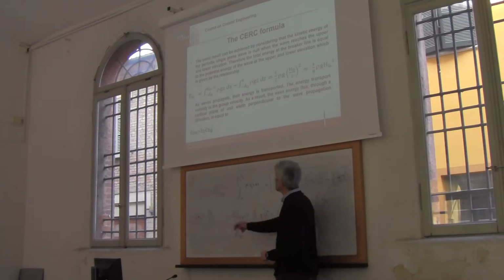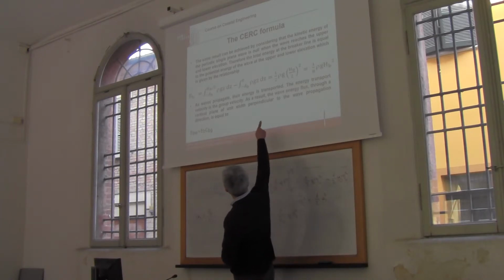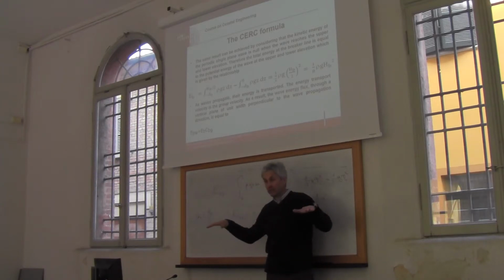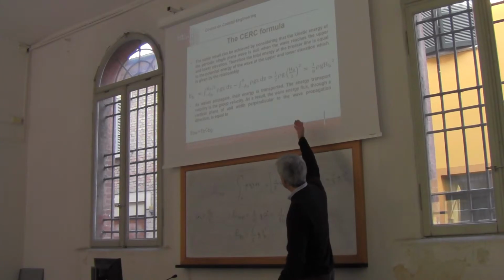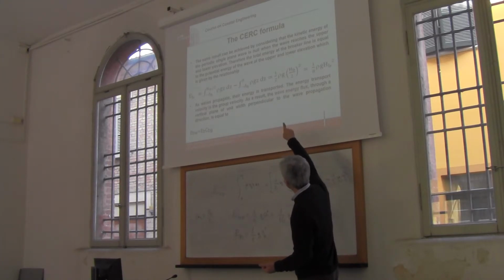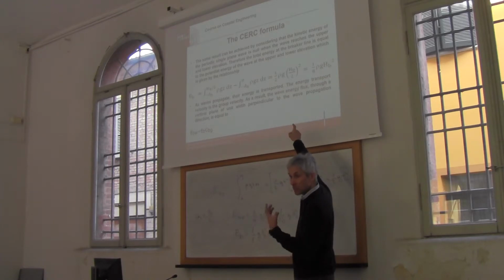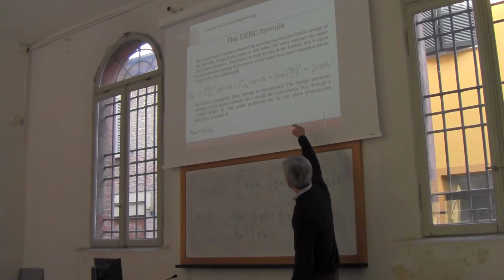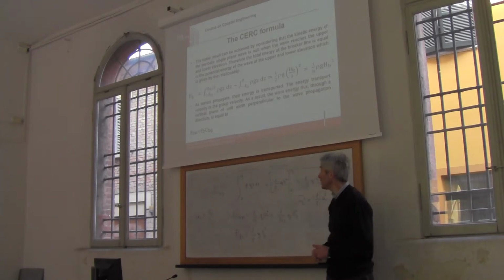H_B is the wave height, so H_B/2 is the coordinate of the wave crest with respect to mean sea level. Okay, good. So this is the integral. Again, I have to subtract the integral between minus d_B and 0, because I want to get the energy of the wave with respect to the sea surface. And therefore, I get the same result, already expressed in terms of H_B: 1/2 ρ g (H_B/2) squared, which is equal to 1/8 ρ g H_B squared.